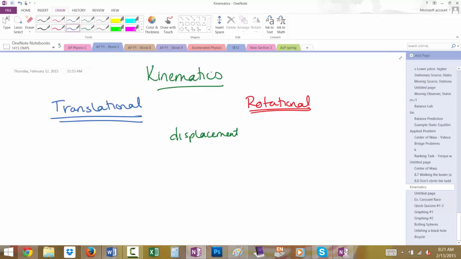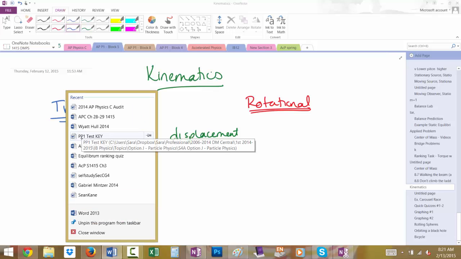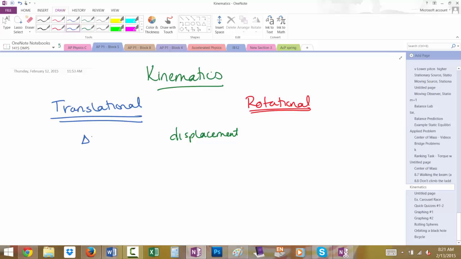Delta X or D. There were a few different choices, right? I'm going to go ahead and write delta X, but you can use whatever makes sense to you. Displacement means starting from one place, ending at another place, so it's X initial, X final, you subtract them, you get the delta X, life is good.